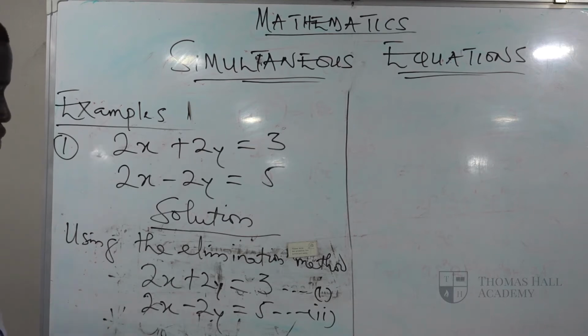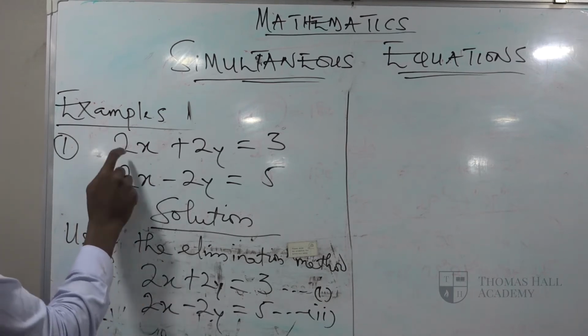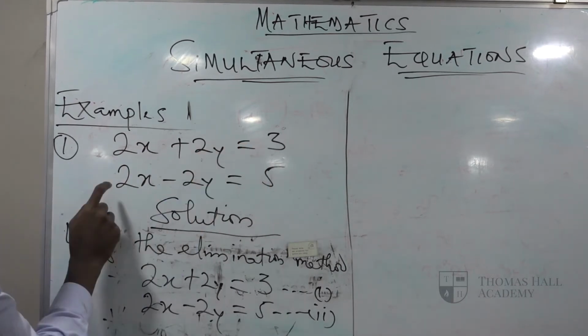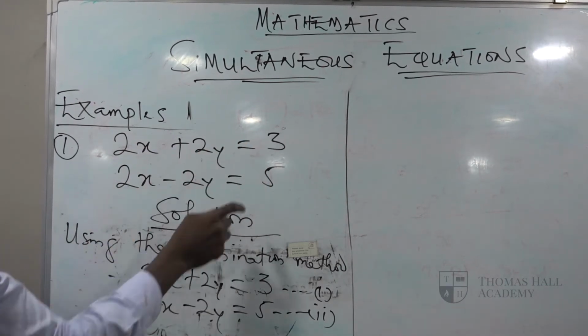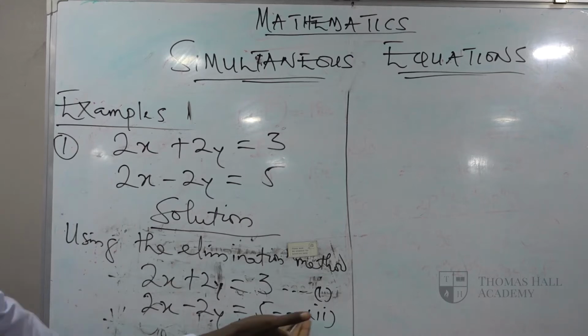Look at this equation: 2x, y, and then the other side. For example, if the question says 2y plus 2x equals 3, and this one says 2x minus 2y equals 3, you have to rearrange the equations so that we have x here and x here, y here and y here.